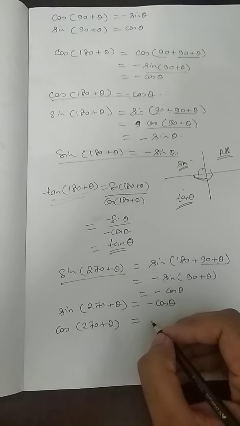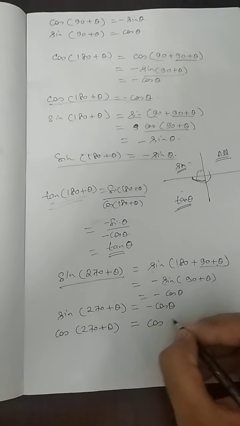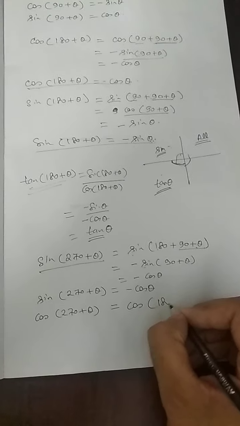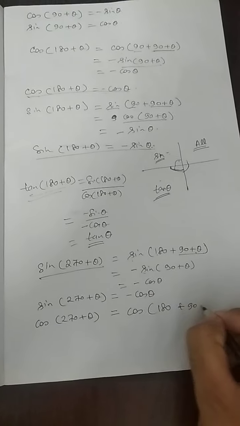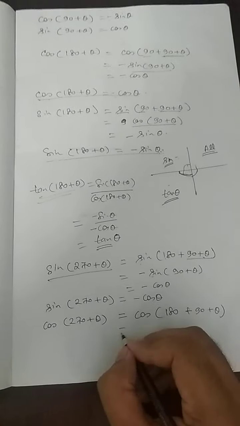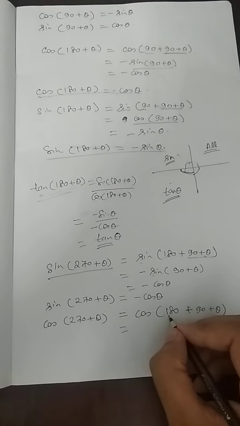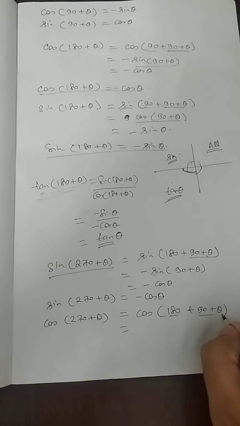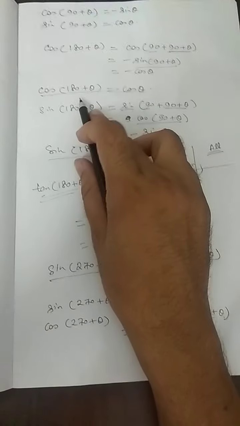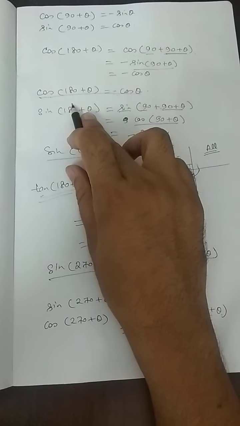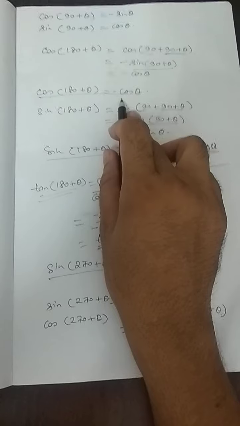So cos 270 plus theta can also be expressed as cos of 180 plus 90 plus theta, and that is in the form of 180 plus theta, and cos of 180 plus theta is minus cos theta.